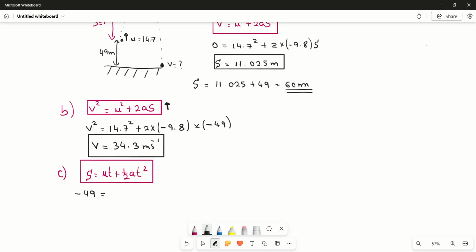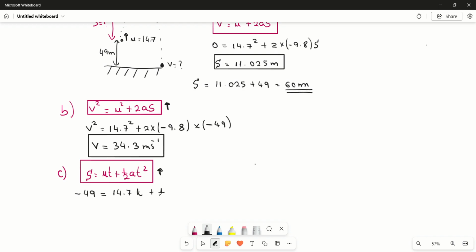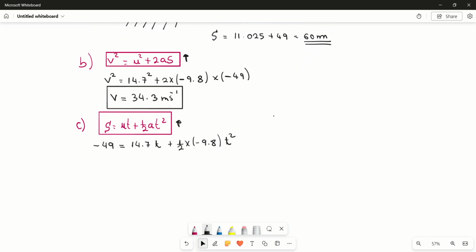It's been projected from a point above the ground, so the displacement is below the point of projection. So using 14.7 t plus, this is my positive direction, a half times minus 9.8 t squared. I have a quadratic, so I'm going to rearrange and simplify.